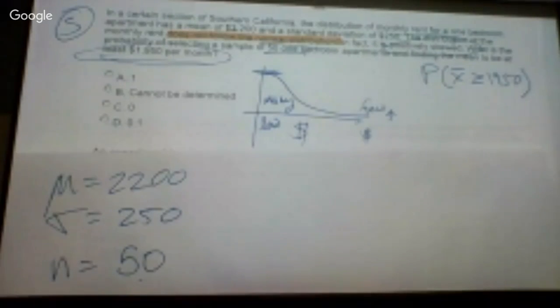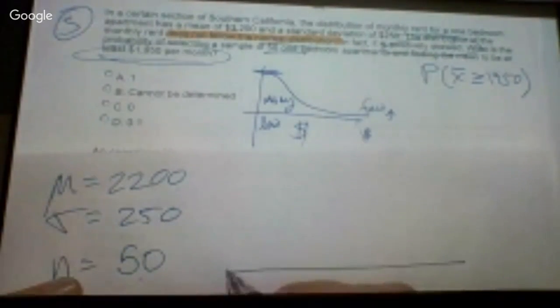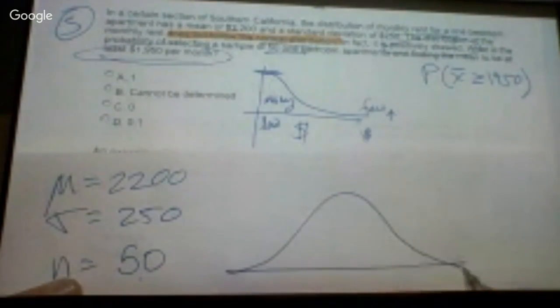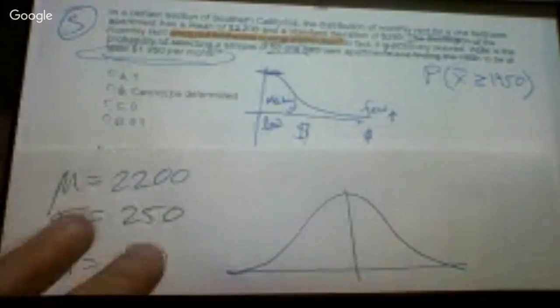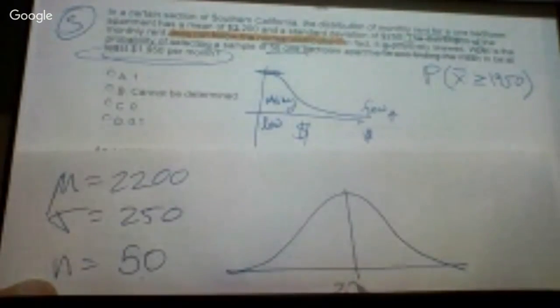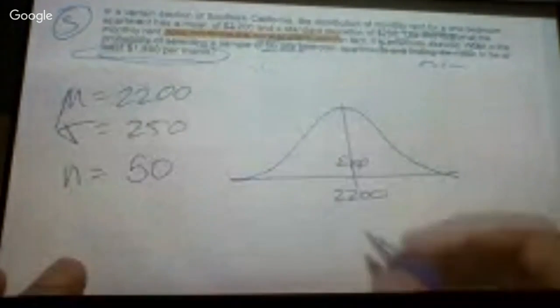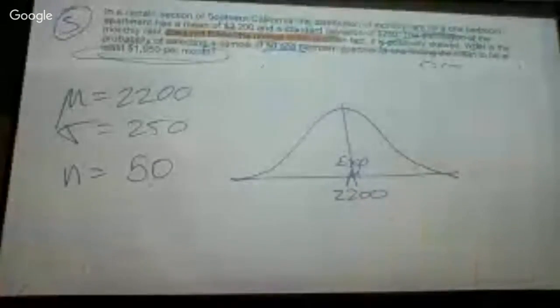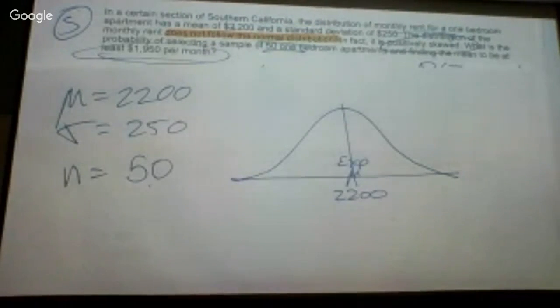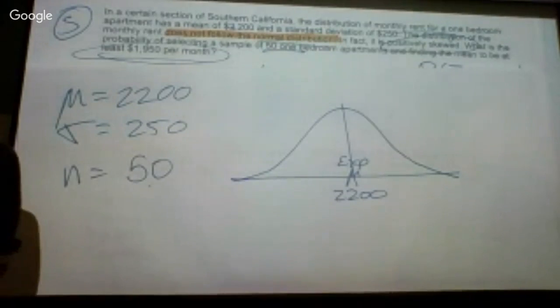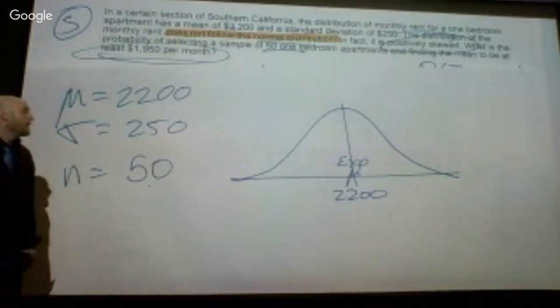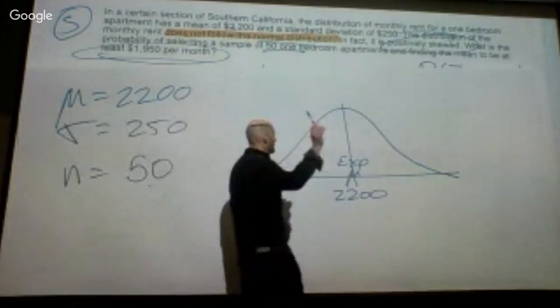So if I take a sample of sample size 50, I'm probably going to get a value somewhere around 2200, because that's mu. Doesn't matter what the shape of the population is. If the mean of the population is 2200 and I take a big sample size, I'm probably going to get something near 2200. It might be a little bit less, it might be a little bit more.